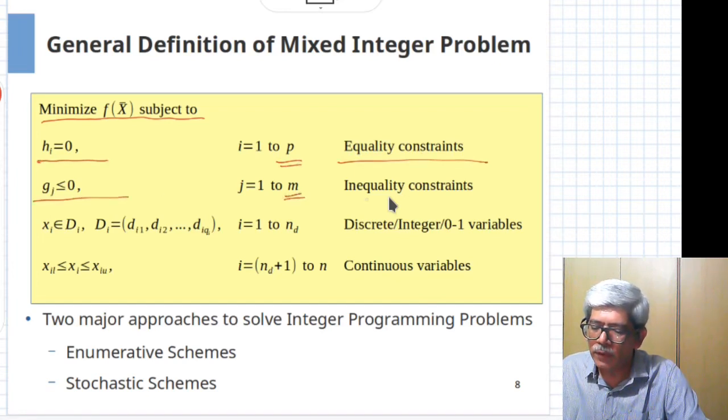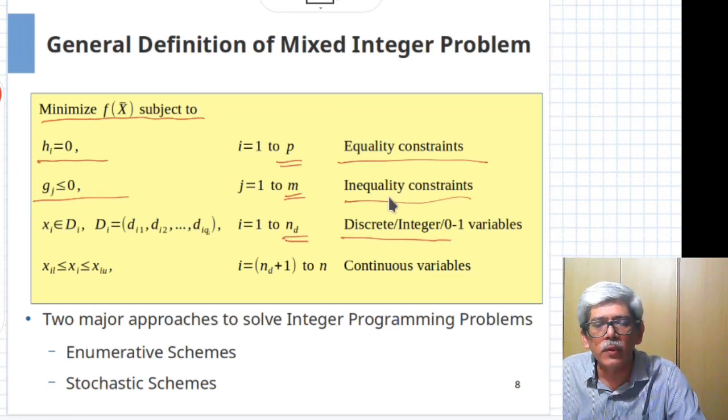There are p equality constraints, m inequality constraints, and there are nd discrete variables. This discrete is a generic term which will include discrete variables, integer variables, or the 0-1 type of variables. And within each of these variables there will be a set of options.